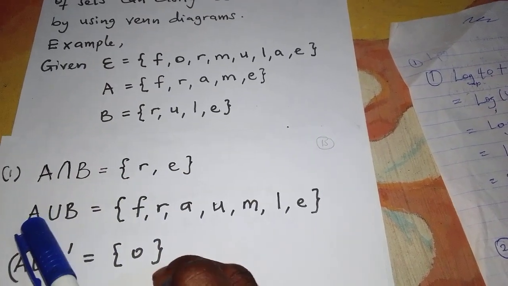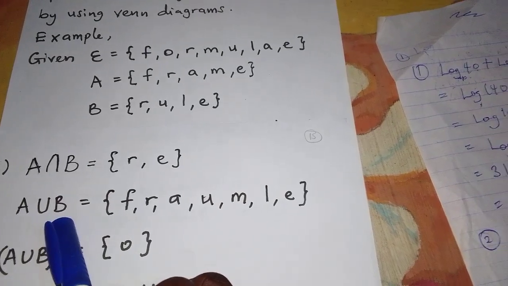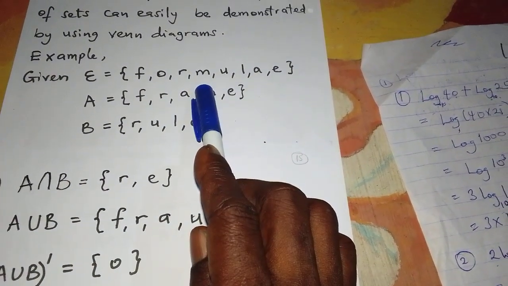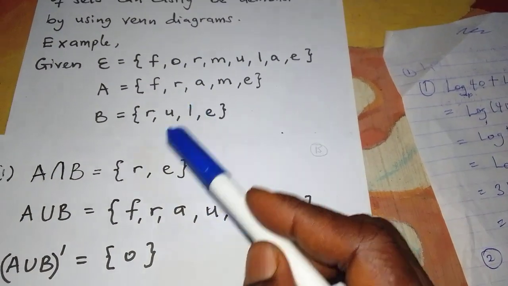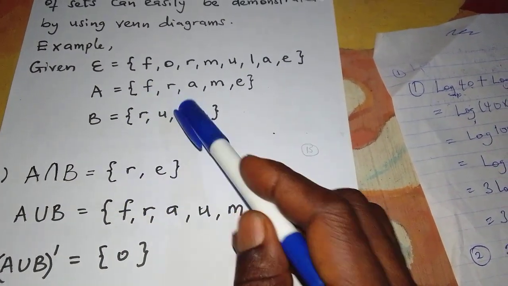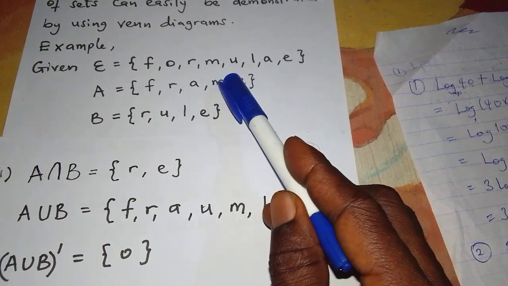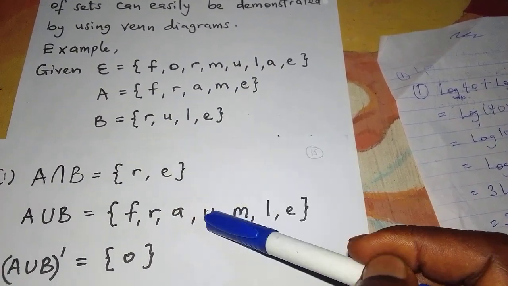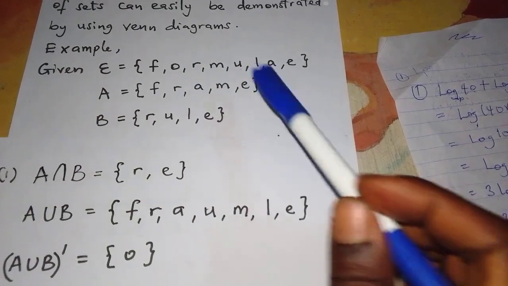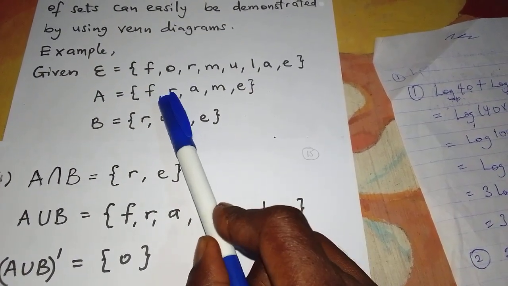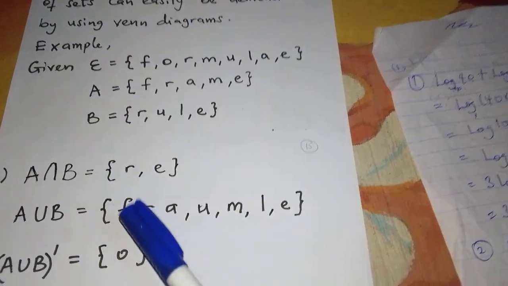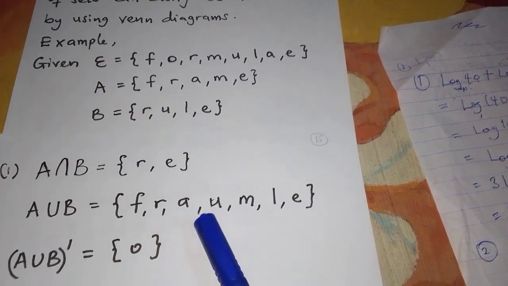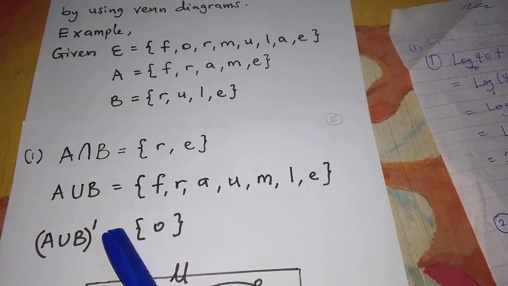Now, you also need to know A union B. A union B means you combine the sets A and B together. When you combine them, you have F, R, A, M, E, then we have U and L. So when you combine set A and set B together, you have F, R, A, U, M, L, E. Then you need to know A union B complement.